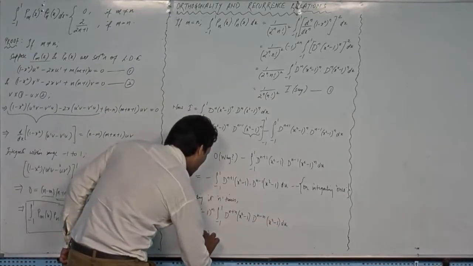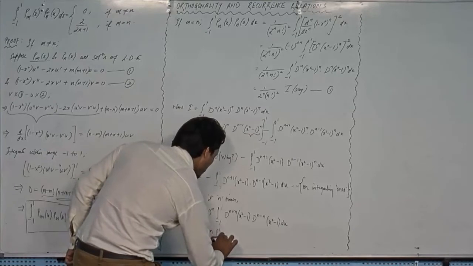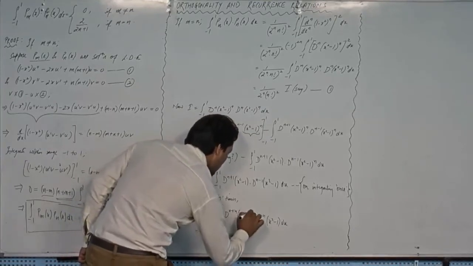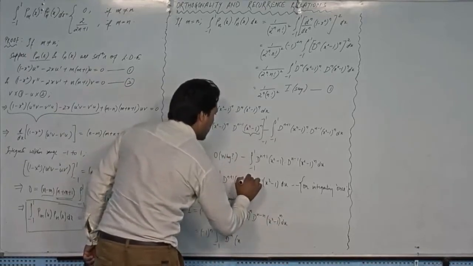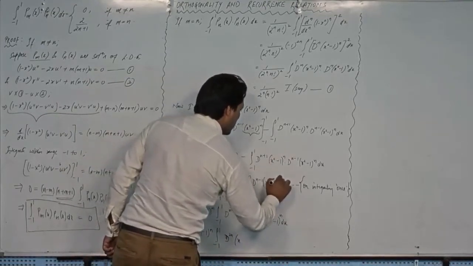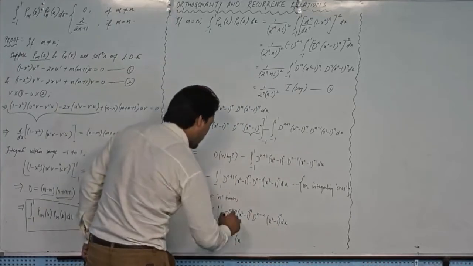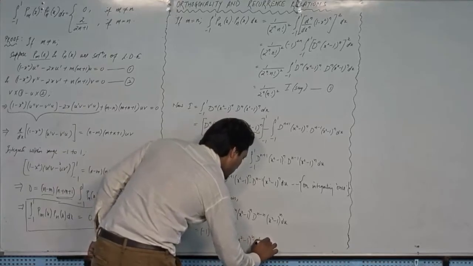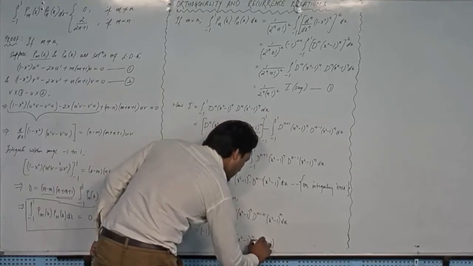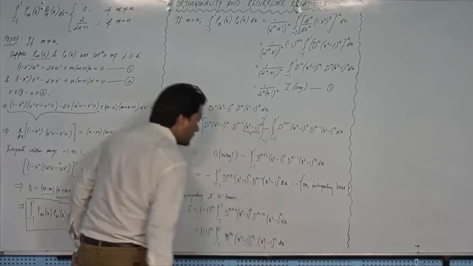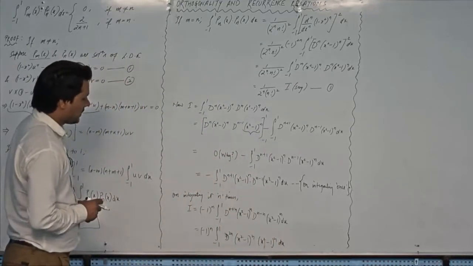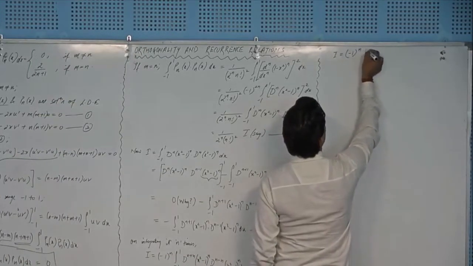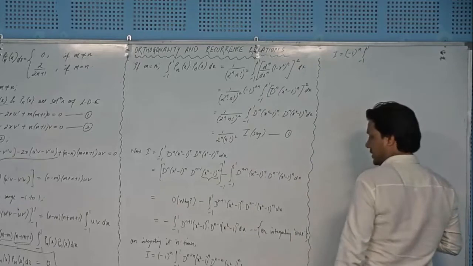So that will give you minus 1 to the power n, integral from minus 1 to 1 of d^2n (x square minus 1)^n times (x square minus 1)^n dx.